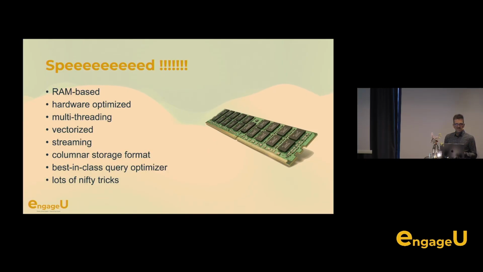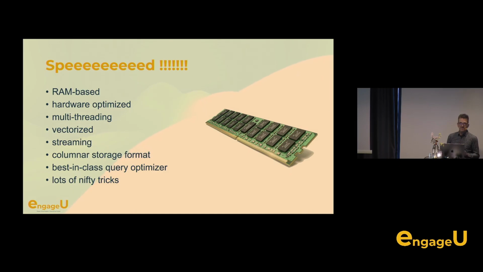They optimized for speed. This was one of the design goals of the DuckDB engine. They are RAM-based. You can write to disk if you want to, but you can do anything with the data in RAM. They are hardware optimized down to the level 1 caches of the CPU. They have done a lot of highly sophisticated engineering.